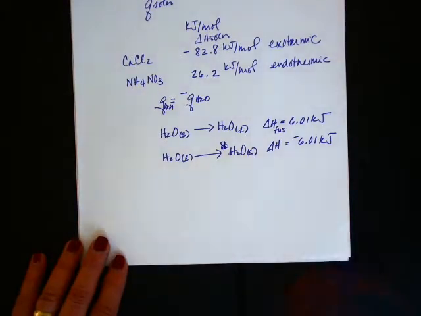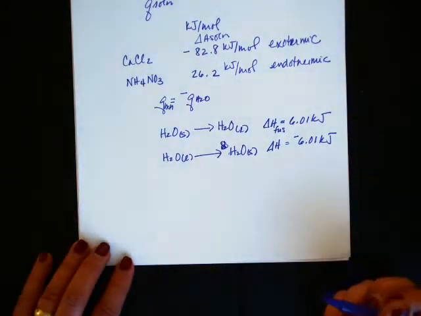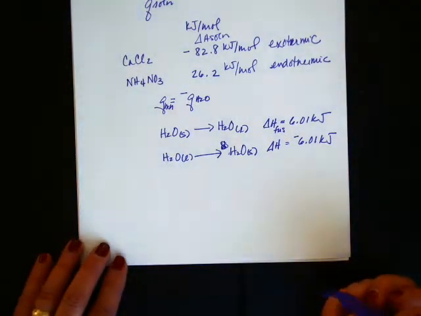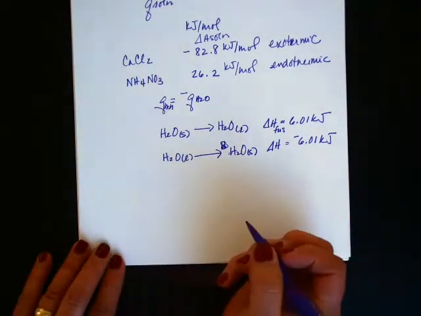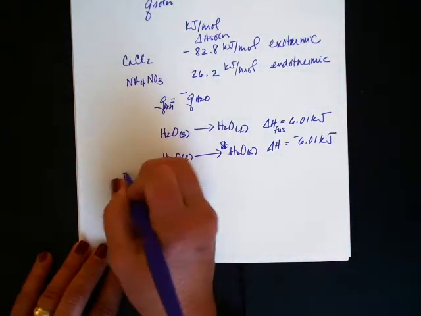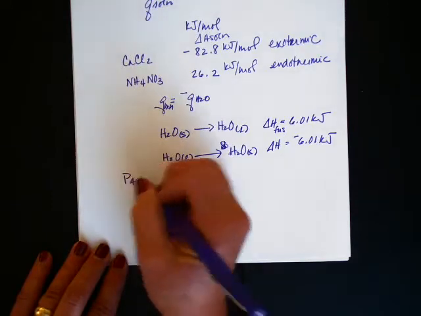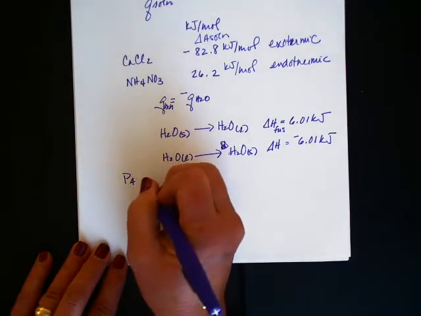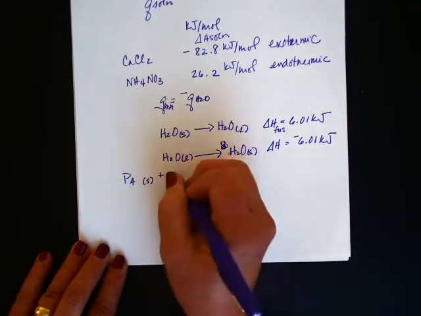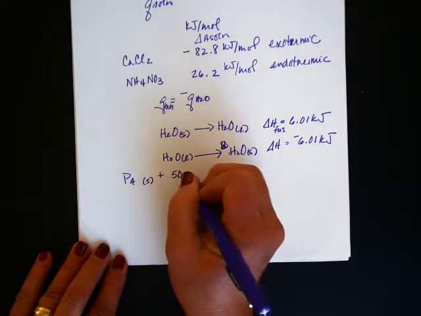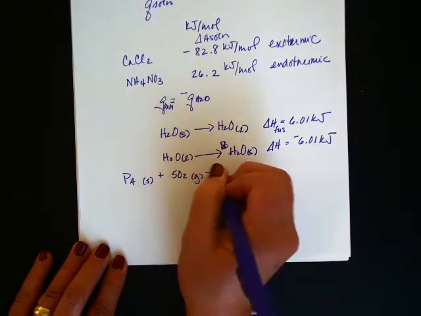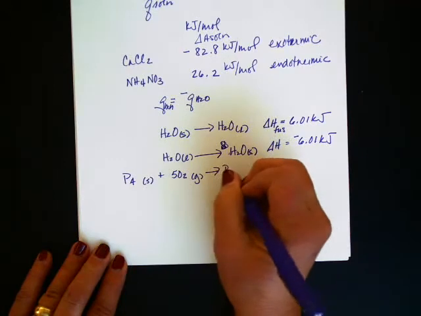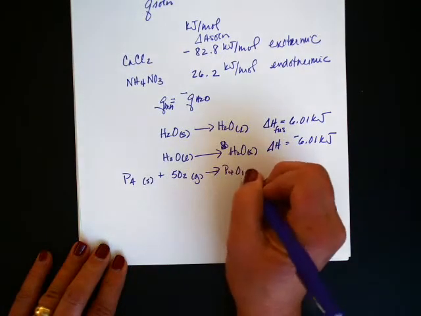So this is a simple way to use some of this delta H data. For example, we have a thermochemical equation. We have P4 solid plus 5O2 gaseous, giving us P4O10 solid.